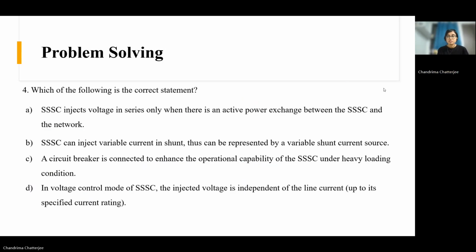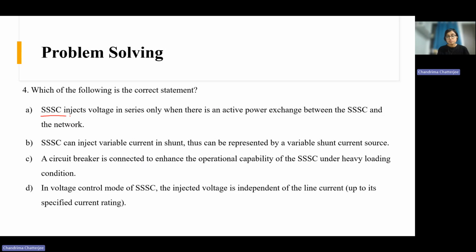Next, which of the following is the correct statement? SSSC injects voltage in series only when there is an active power exchange between the SSSC and the network.